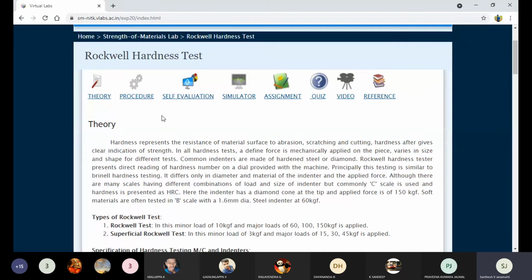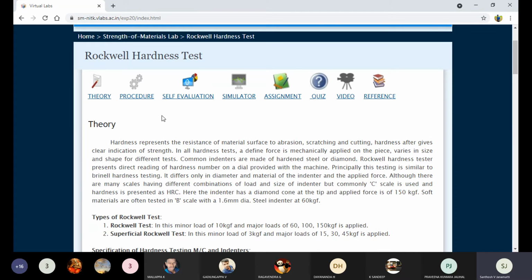Any? No, sir. So hardness you have already discussed in your theory classes. The definition of hardness. Nobody knows? What is the definition of hardness?